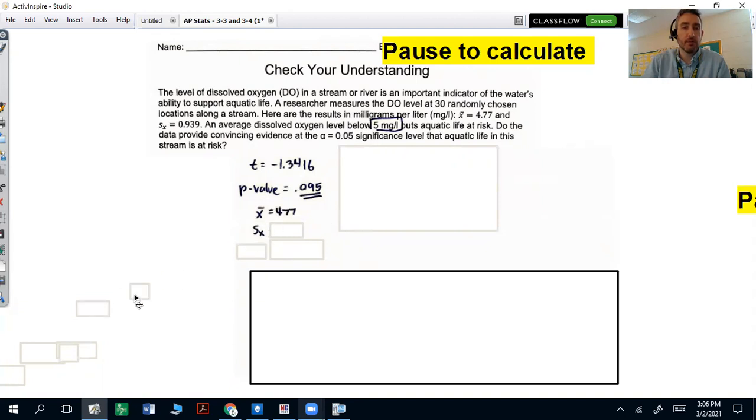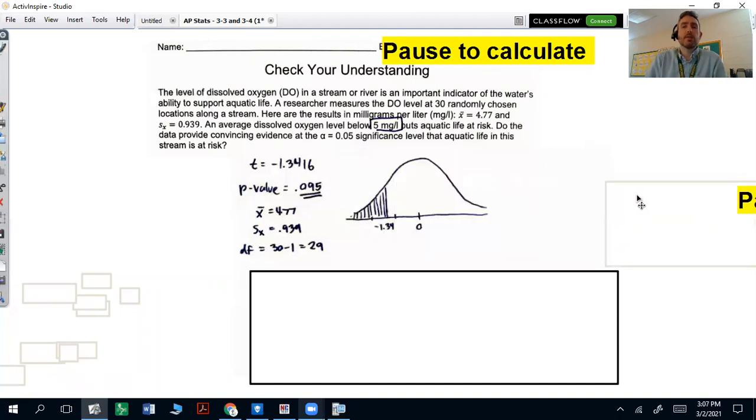It's not going to hurt you to rewrite these things, but you're not going to get any more credit for it because the mean and the standard deviation were already in the problem. Now you can write the degrees of freedom. It's just 29. There's one sample, so we don't have to worry about the more complicated degrees of freedom. You're not required to make a drawing, but you could just to get a general idea of where that percentage is coming from.